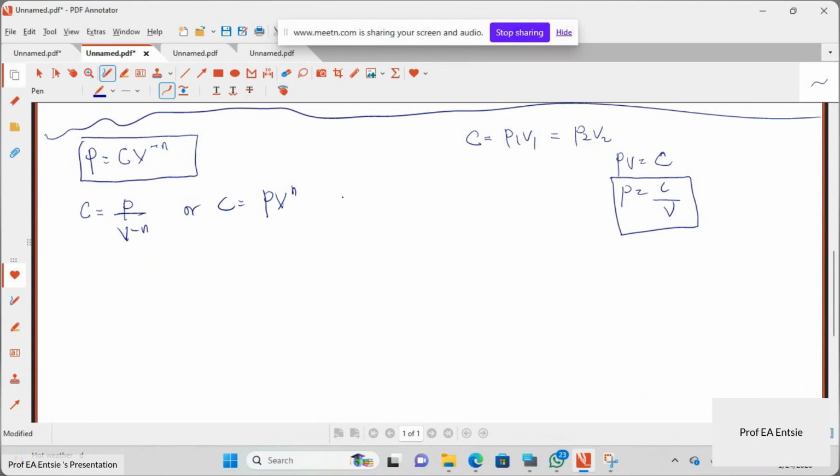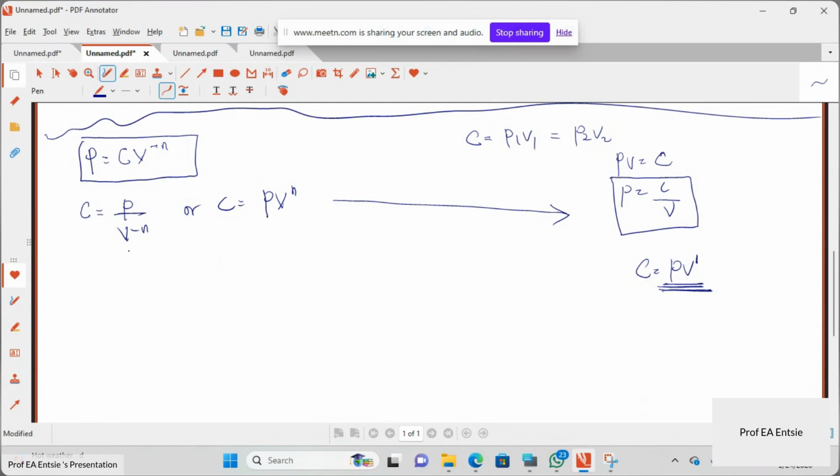So if you compare it with what is here, it's the same, because if I make C the subject, C will be equal to PV. Then I told you this is a special case of polytropic process when n is what? 1. When n is 1. So when n is 1, polytropic process is more or less like isothermal compression of gas.